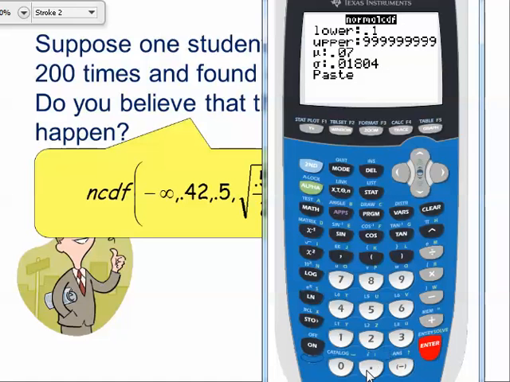And our lower limit is going to be some huge negative number. Doesn't matter what it is. So I just keyed in a bunch of 9s there. Okay.